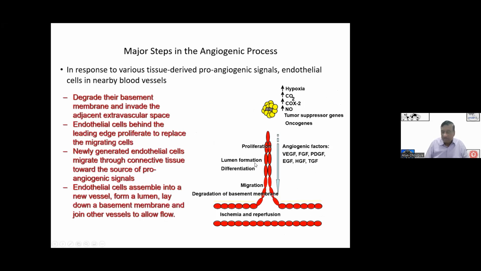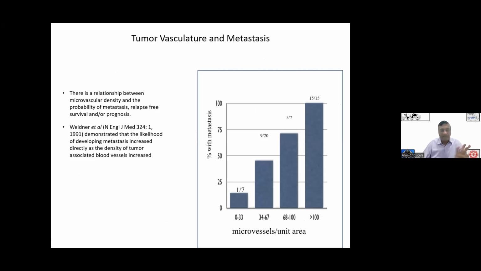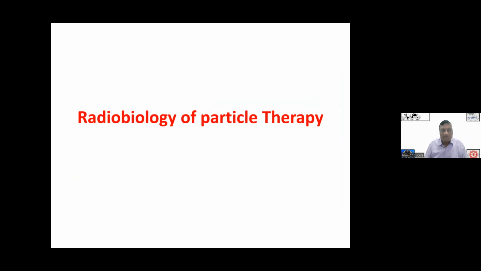Similarly, angiogenesis, the blood supply: the more micro vessels produced, the more the response. There is a relationship between microvascular density and the probability of metastasis, relapse-free survival, and prognosis. So angiogenesis also plays a role.